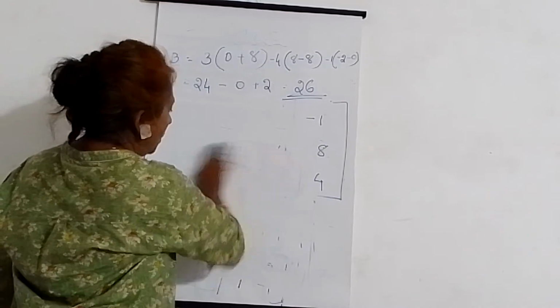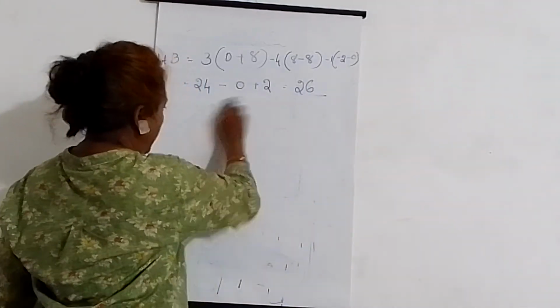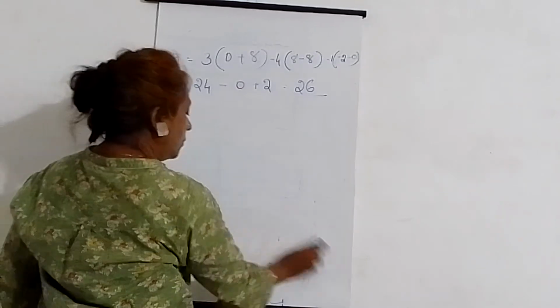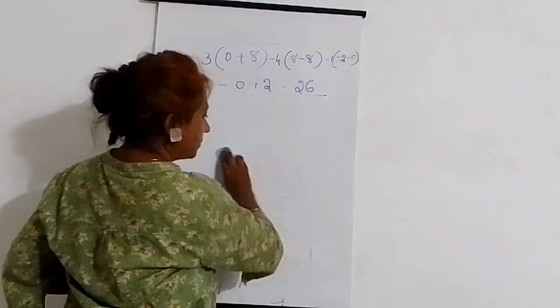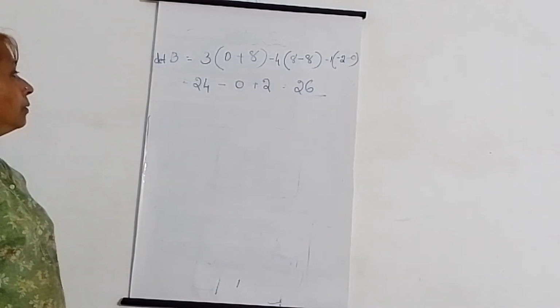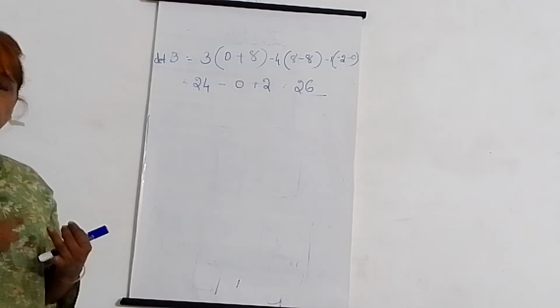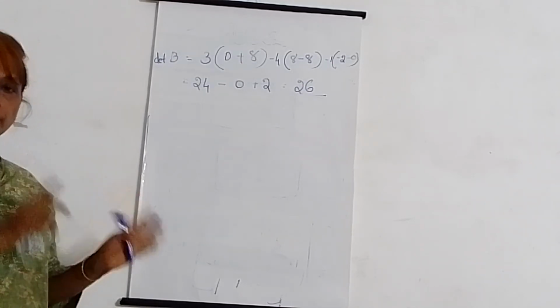Our aim is to find the inverse of a matrix. So first we want to find the determinant. We should find the minor for each and every one and put it there.